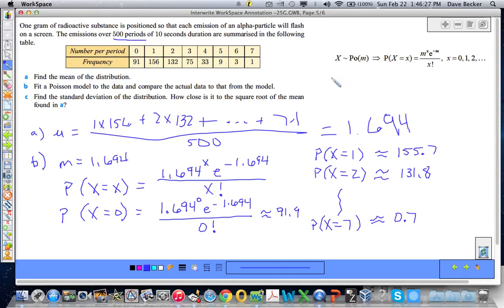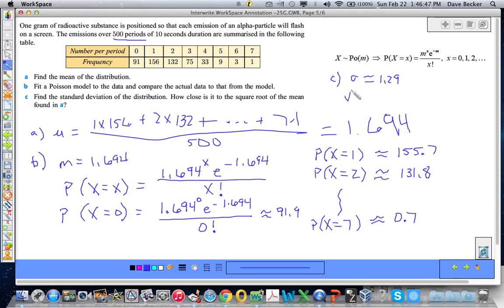Okay, so now for part C, finding the standard deviation of the distribution. You know how to do that on your calculator, and I will tell you that it is approximately equal to 1.29.